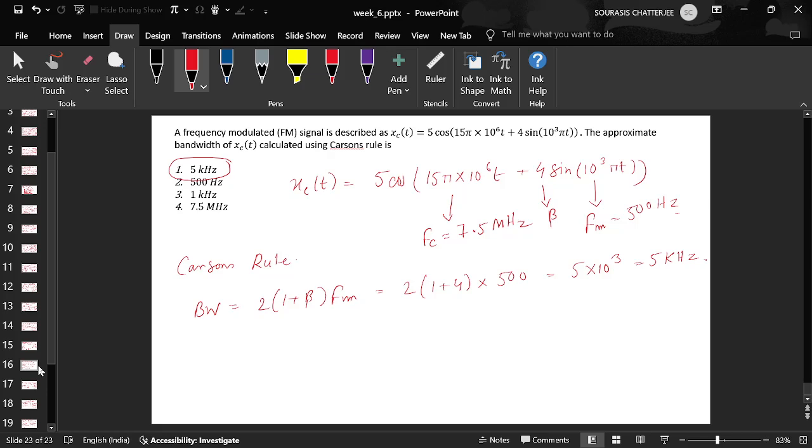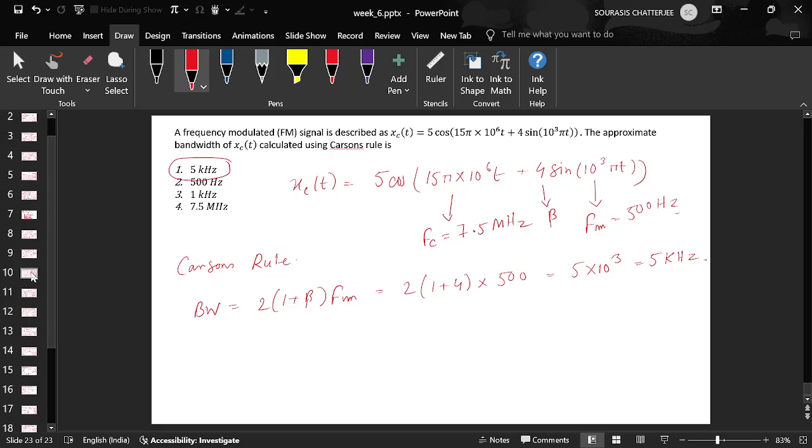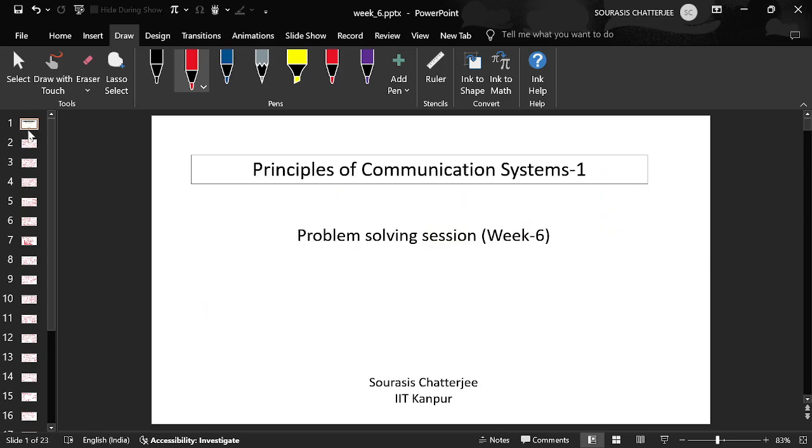We have seen the concept behind how to arrive at that from the actual spectrum of a frequency modulated signal, which in theory goes to infinite bandwidth, but in practice of course most of the power will be confined in a finite bandwidth. So our goal is to identify that finite bandwidth part. So this is all for today's session.